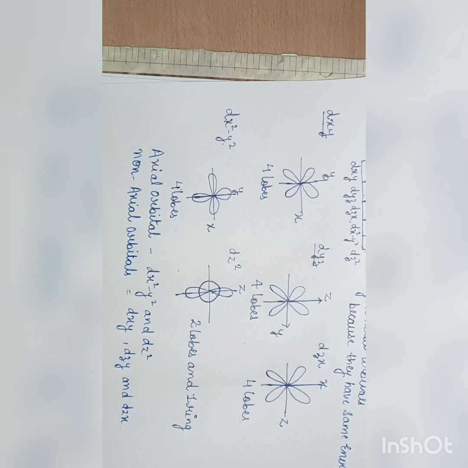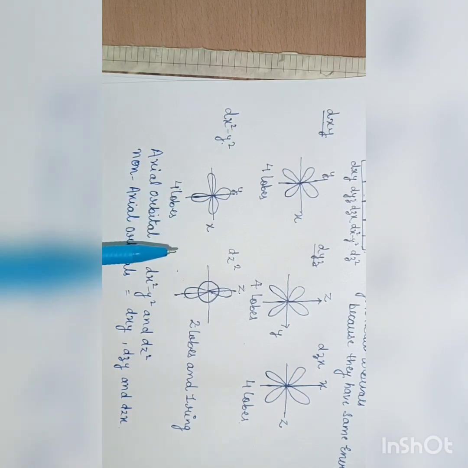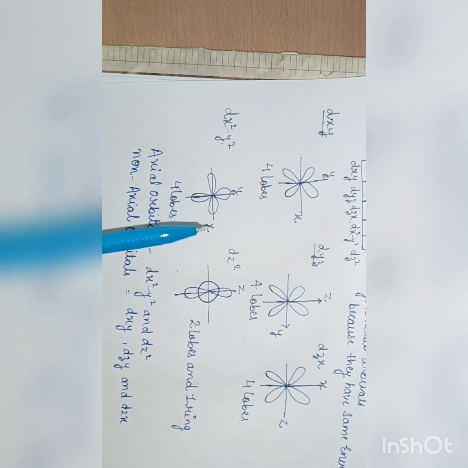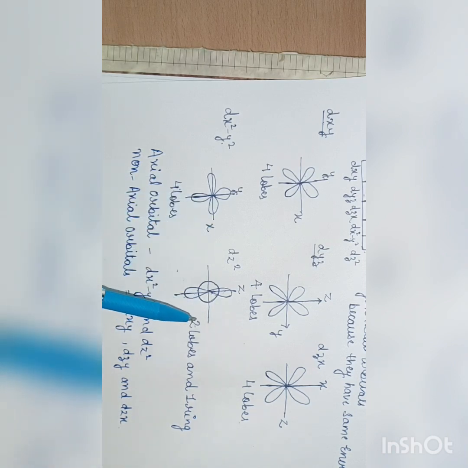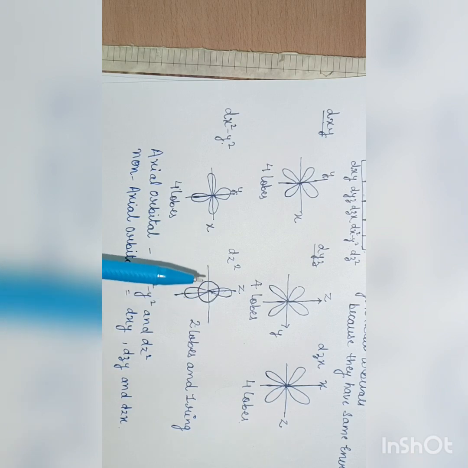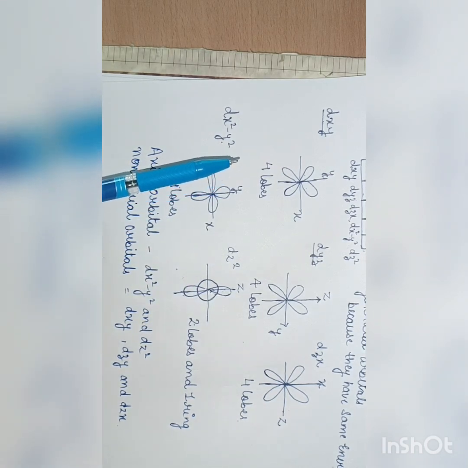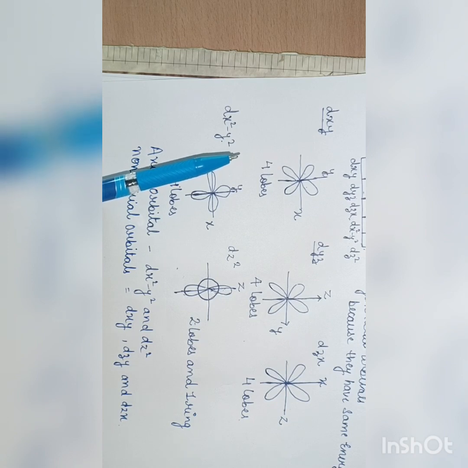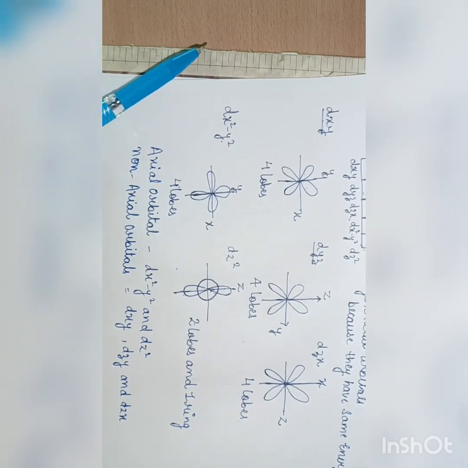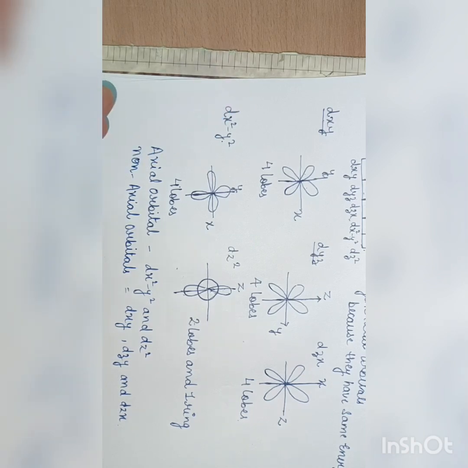So now let us take an idea about the crystal field theory. According to this theory, the metal and the ligand attach with each other through electrostatic interaction. We know in coordination compounds we have d block elements, and the ligands approach the metal and the bonding establishes between them.